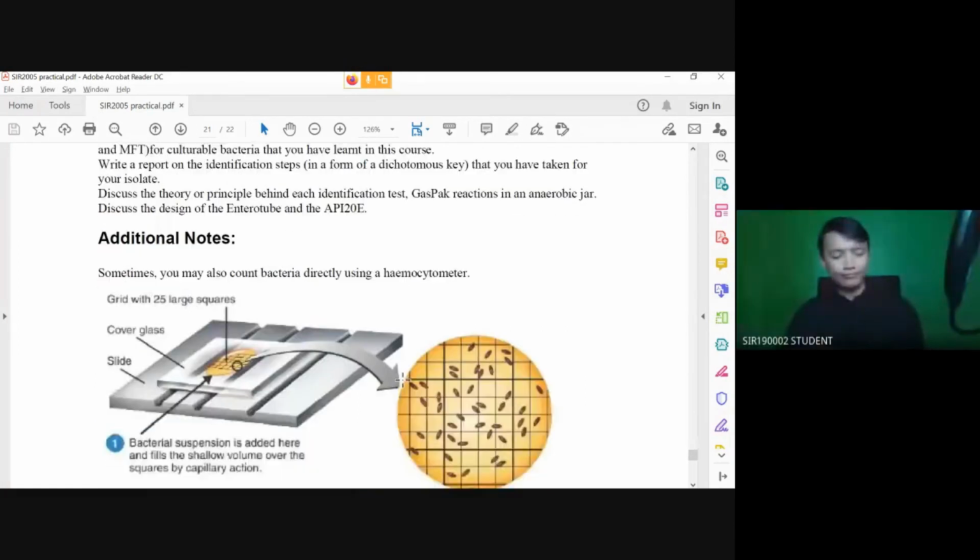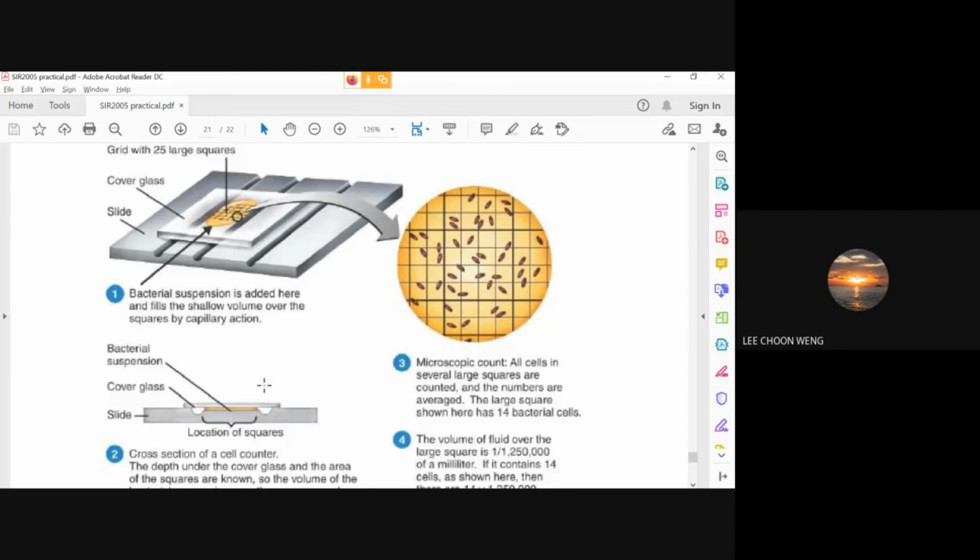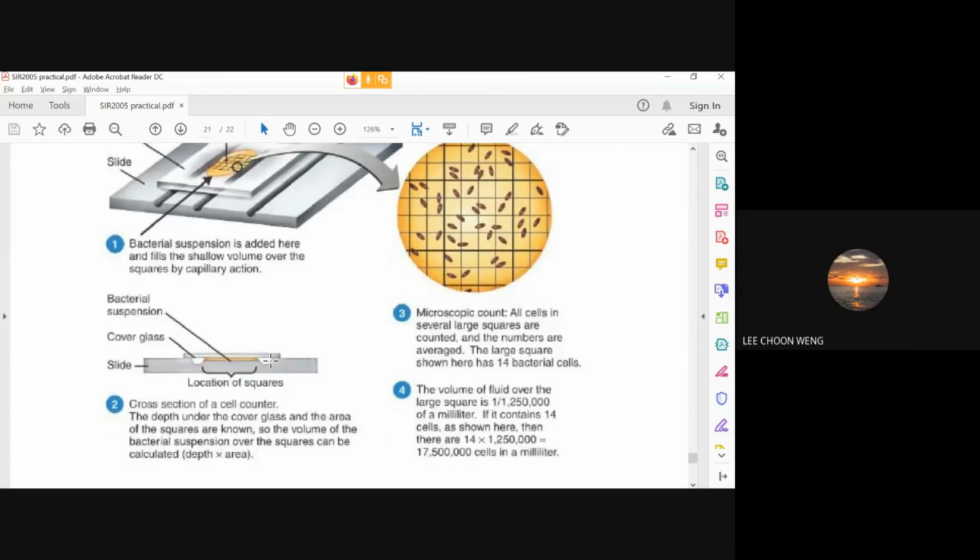Nope. Okay, so this is a hemocytometer. This is a glass slide with drains. These are drainage, to remove the excess sample from the grid. You're supposed to place a sample onto the hemocytometer, then cover it gently with a cover slip, so the excess water will drain here.